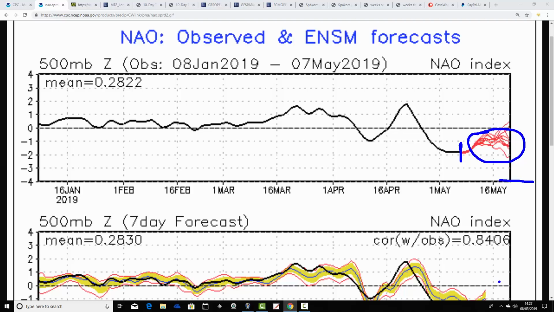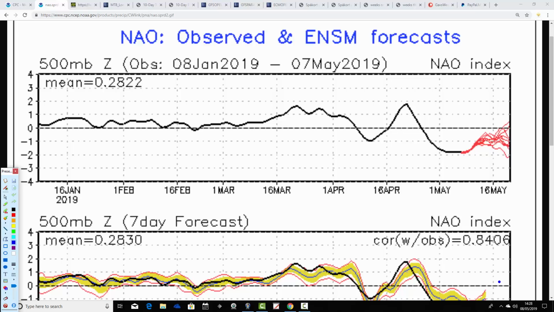So both of the indexes are negative. If this had happened in the winter, this would have been a cold signal, but of course we're into May now, so what we're probably looking at is, well, you can get two sorts of weather developments with these indexes both being negative. The one thing you could get is cool, wet conditions at this time of year, unsettled, wet, but also cool.